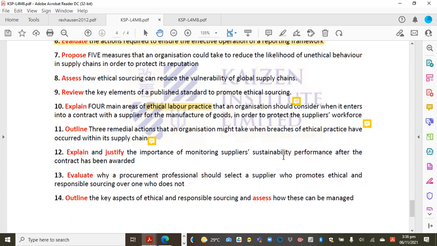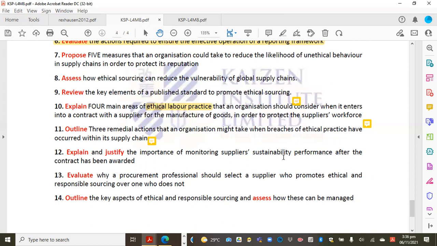It helps us reduce reputational risk. We need to monitor. And monitoring also enables us to identify risks and manage them effectively.